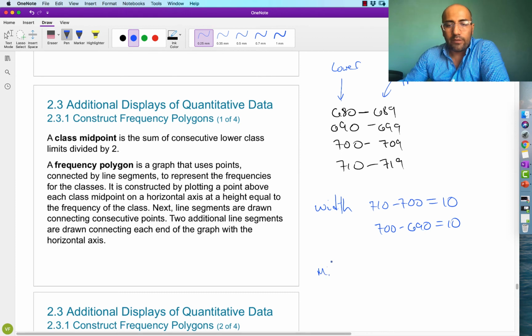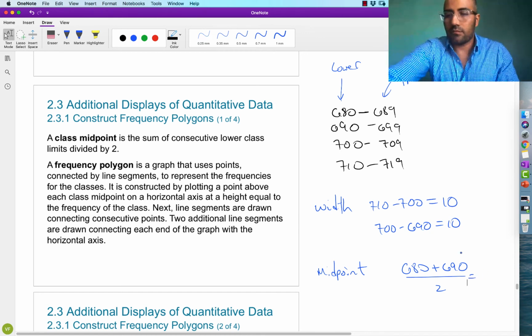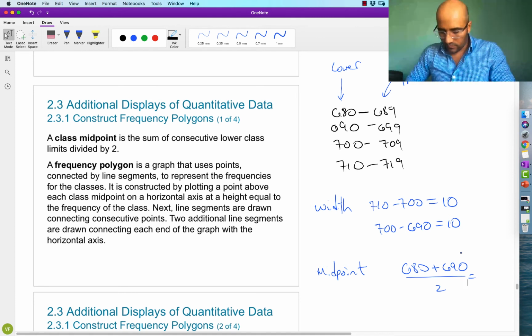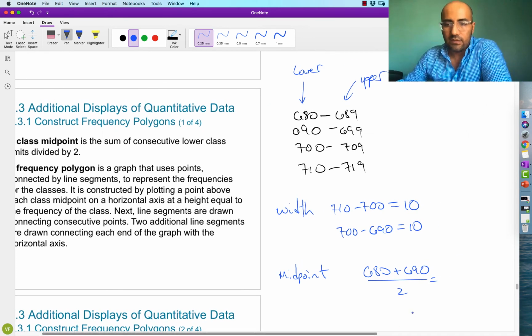So the midpoint for the first one here is going to be found by adding 680 plus 690 and dividing by 2. So 680 plus 690 gets us to 1370.